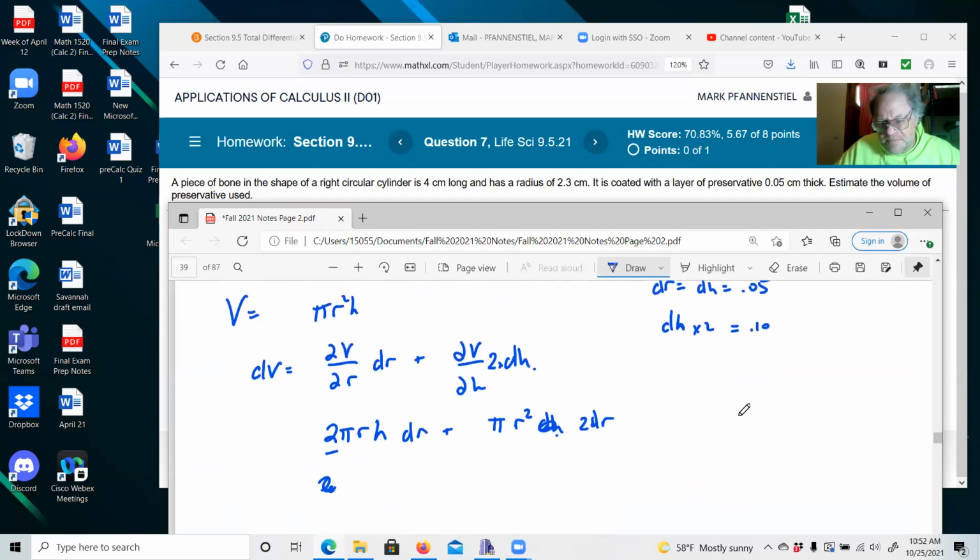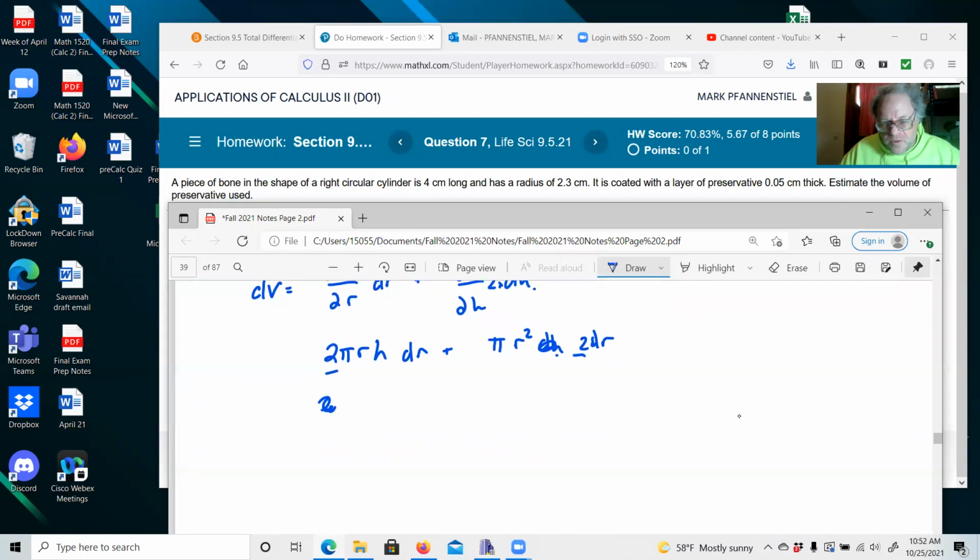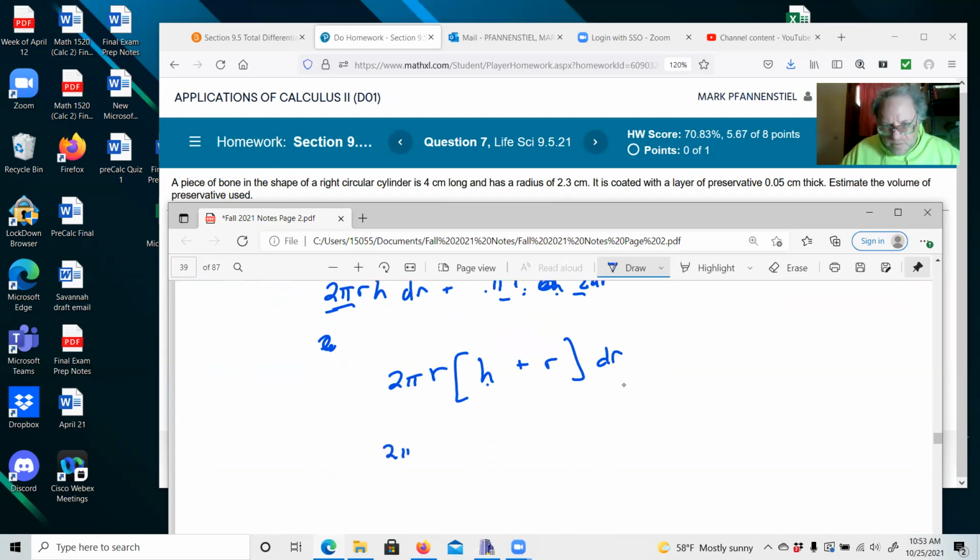Because we're going to double it. So I've got a 2 and a pi common to both of these. So we can say 2 pi r. Okay, and what do we have left? We have an h plus an r, because one of the r's is gone. So we have an h because 2 pi r is gone. We have 2 pi. And then we have a dr here.